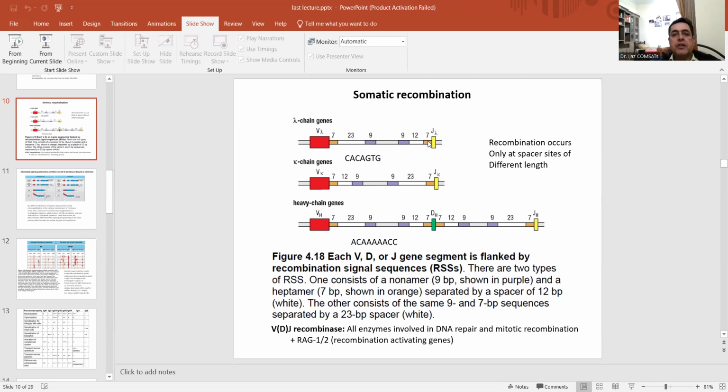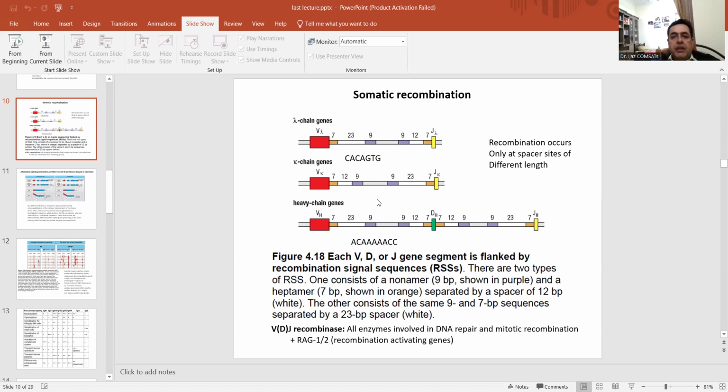For instance, this is recombination signal sequence RSS 7, and this is recombination signal sequence 9, separated by this 12 base pair sequence. Sometimes it can be a 23 base pair spacer, and sometimes a 12 base pair spacer between two recombination signal sequences.